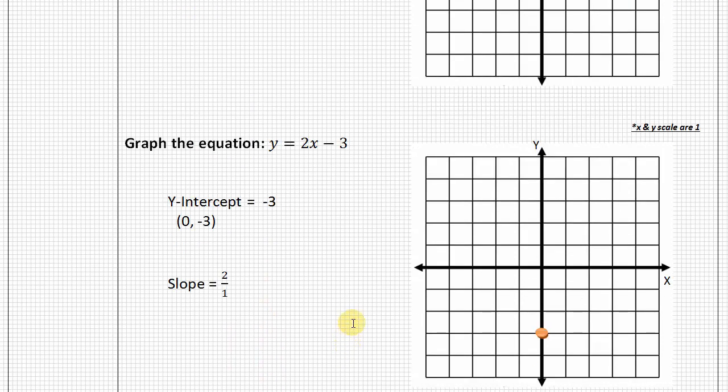So far, what I have is I've identified that from this equation, negative 3 is my b value, which is my y-intercept, and the coordinates for that would be 0, negative 3, and I plotted that here on my y-axis. And again, in this graph, I'm using a scale of 1 on both the x and y. And I've identified that my slope is 2/1.